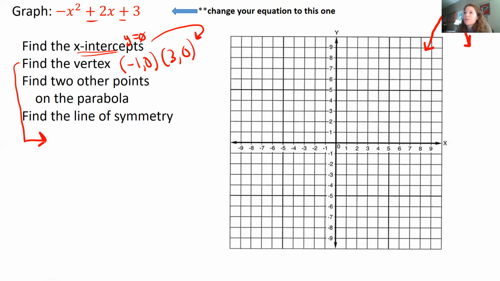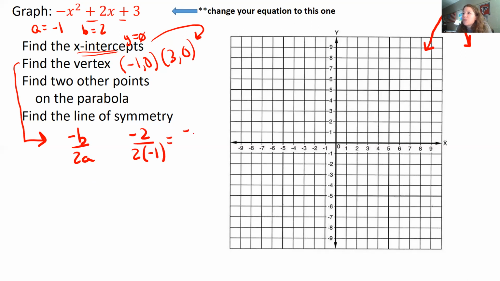All right, now we're going to do the vertex, even though I wrote the x-intercepts as the vertex. That's not right. Anyway, we're going to do -b over 2a. Going back to our original equation, a is -1 and b is 2. So the opposite of +2 is -2, and 2 times a is -2.